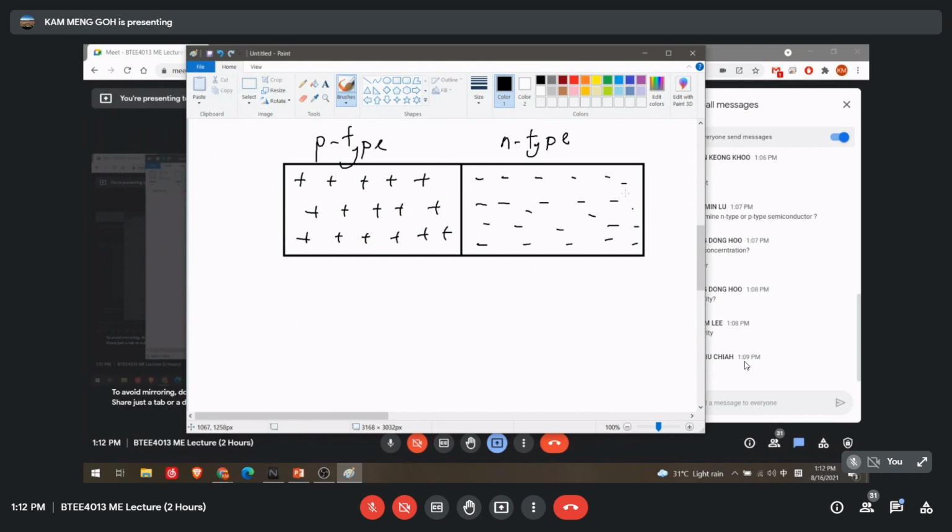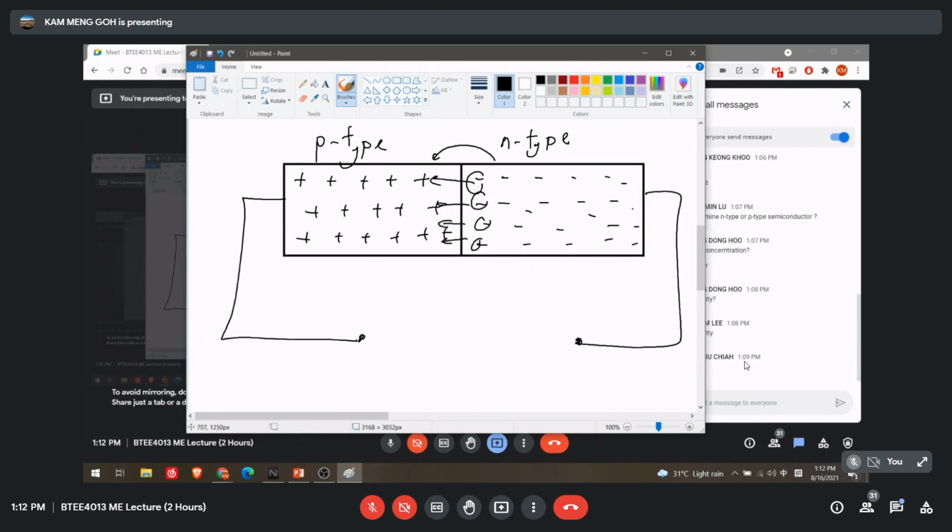But when you combine these two together, they start to have some kind of reaction. Imagine this is an open circuit. You didn't connect anything. But since you have a P-type and an N-type here, you can see that here the majority is a high concentration of holes, and there a high concentration of electrons. And some of the electrons may be attracted to here. In other words, some of the electrons will move to here.